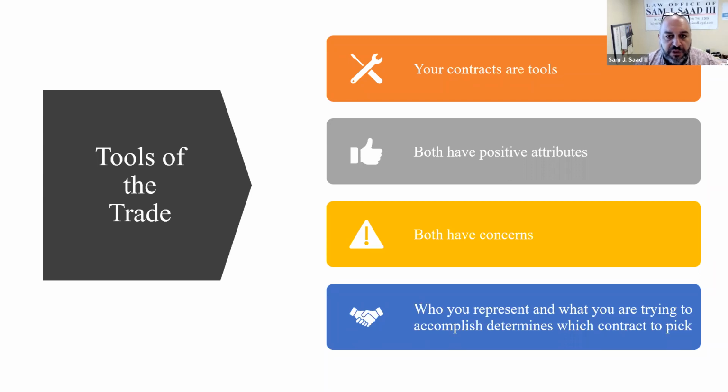And the real issue for you as a realtor is, who do you represent? What are their needs? And which contract is the best for you to pick based on your customers' needs? That can be a point of negotiation, the form, not just the price or the inspections or the financing, when you're negotiating with the other side. So just be mindful of that.